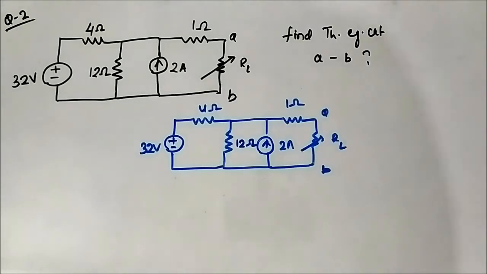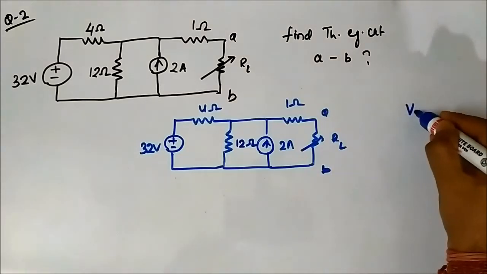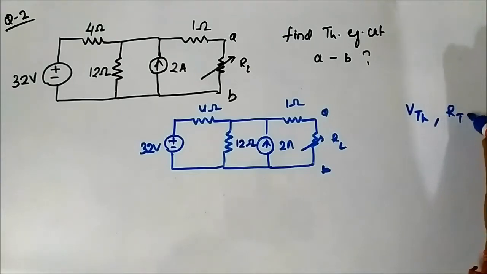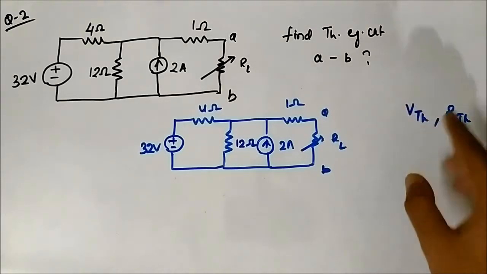Okay, so you know that in Thevenin theorem two things are very important. First, the Thevenin voltage and the Thevenin resistance. So we'll find them step by step. So first step is to find the Thevenin voltage.